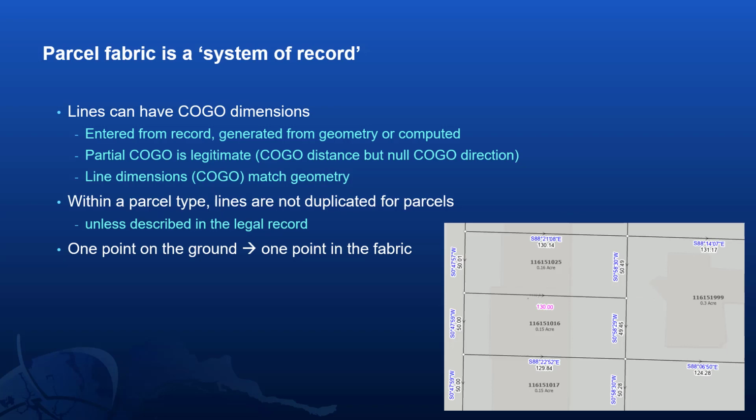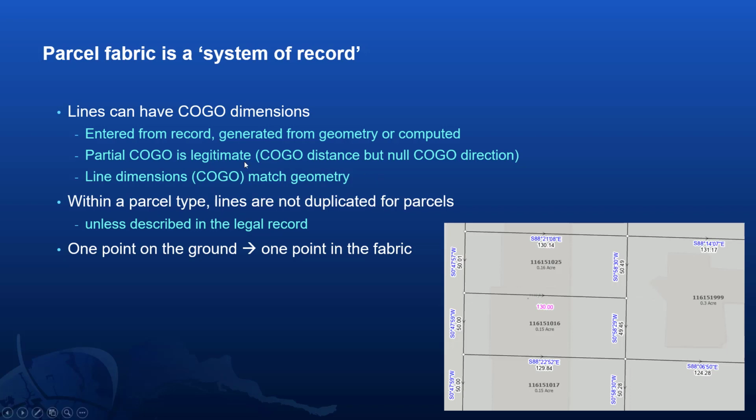So a bit about measurements. If you are using a land records or cadastral system that uses measurements on lines, you can have those lines and store those measurements and dimensions in what we call COGO, things like direction, distance, radius, and arc length, and can be stored and be true to the legal record they came from.